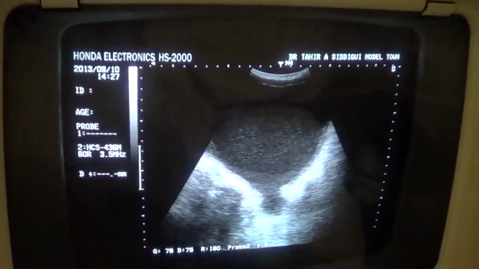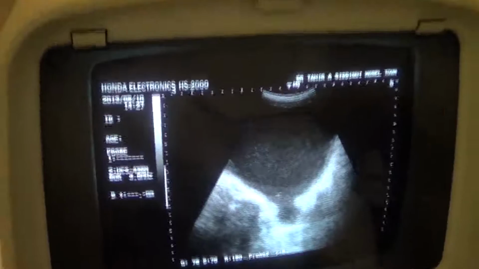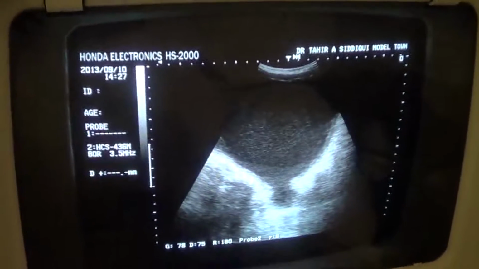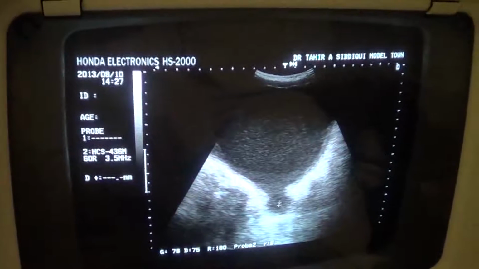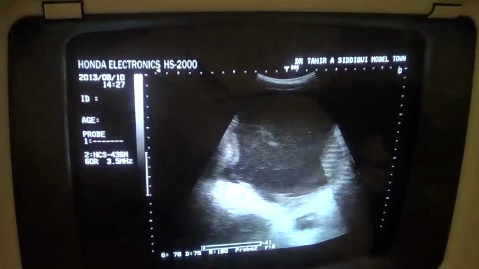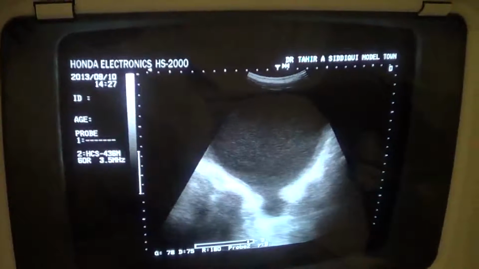The other possibility can be the development of a diverticulum, and the echoes are traveling within this echo-filled cystic area and the bladder above. They are communicating with each other. They are not separate structures.